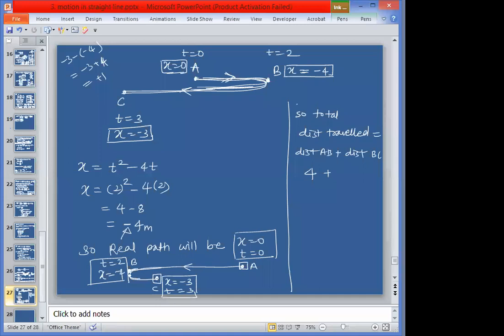Here the marking is -4. Here the marking is -3. So this marking minus this marking, or this marking minus this marking. So the answer will be +1 or -1. But it is distance, so we will write always positive. So total distance traveled is 5 meter. Yes, no replying in the chat box. Check करा बाळांनो.